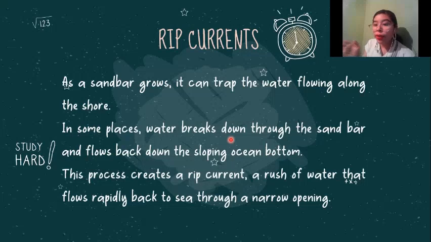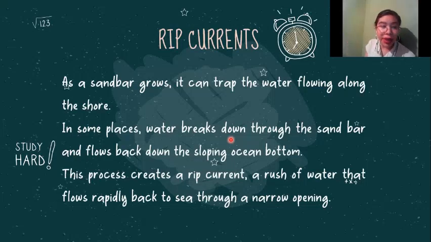So it breaks the sandbar, and it starts to go into the ocean again. This process creates a rip current, a rush of water that flows rapidly back to the sea through a narrow opening in the sandbar.